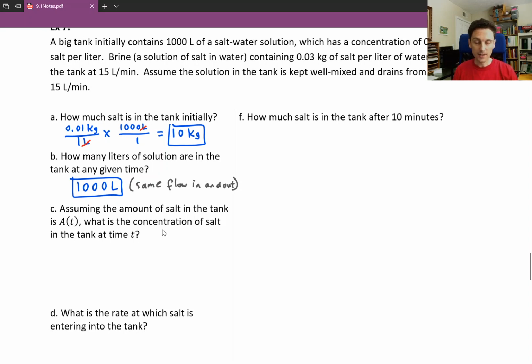So concentration is going to be in units of kilograms per liter. So if we have A of t kilograms of salt, and we want to figure out how many kilograms of salt per liter, we would have to take A of t and divide it by the number of liters in the tank at any given time, which is 1,000. So this is going to be A of t over 1,000.